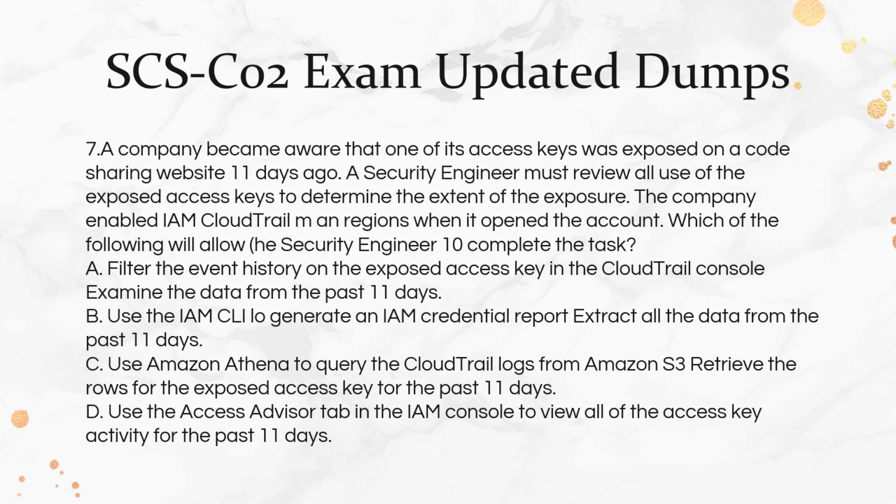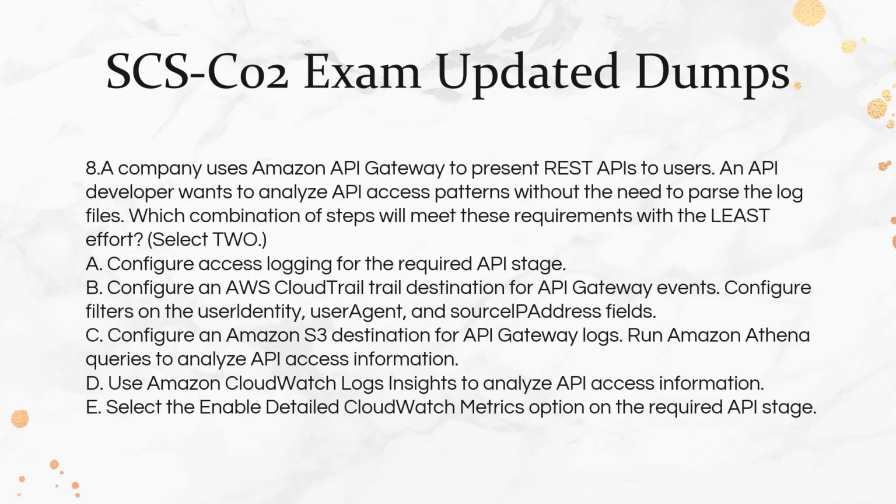B. Use the AWS CLI to generate an IAM credential report. Extract all the data from the past 11 days. C. Use Amazon Athena to query the CloudTrail logs from Amazon S3. Retrieve the rows for the exposed access key for the past 11 days. D. Use the Access Advisor tab in the IAM console to view all of the access key activity for the past 11 days.